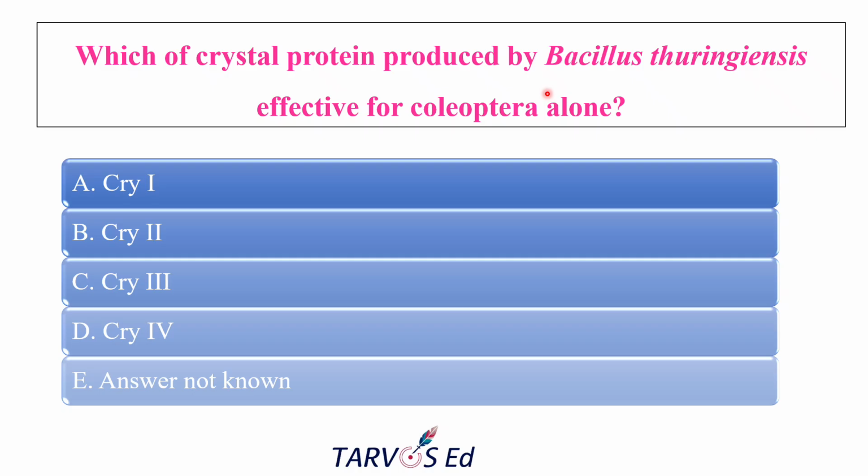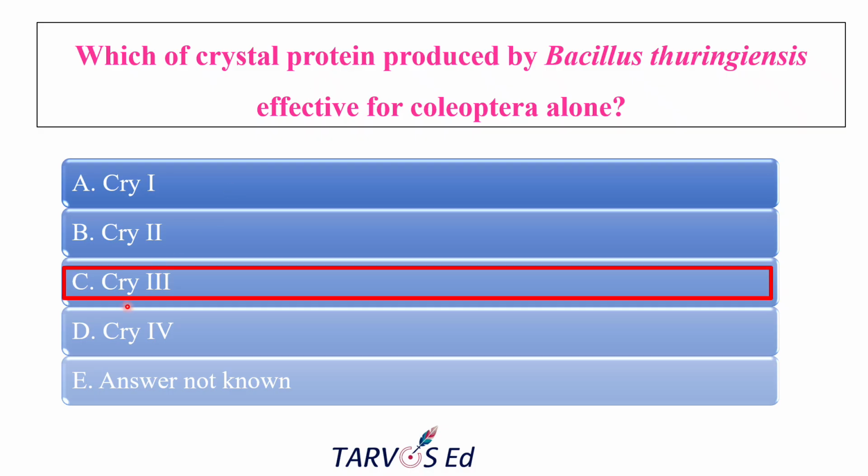So they asked which crystal protein of the bacteria is effective against coleopteran pests. The options are Cry1, Cry2, that is a crystal protein, right, and Cry3, Cry4, and none of the above. The correct answer is Cry3.